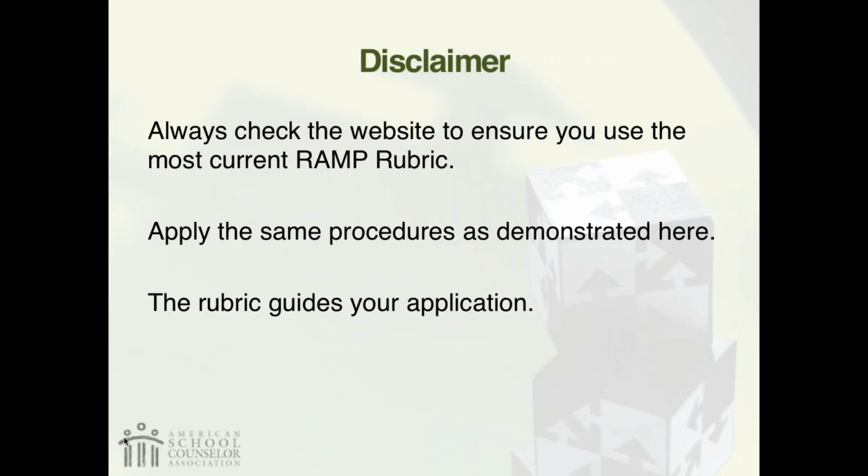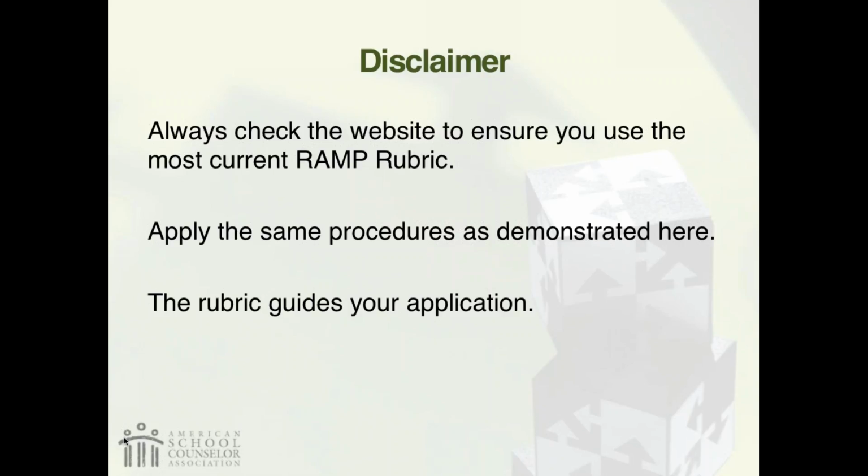One of the disclaimers we want to make you aware of is that it's critical that you always check the website to ensure that you're always using the most current RAMP rubric. They are tweaked on occasion, so just check the website.